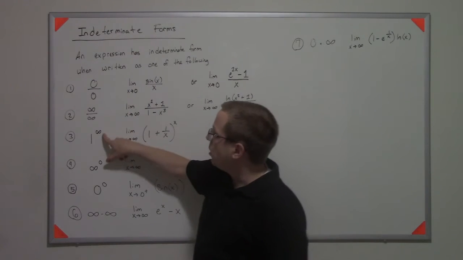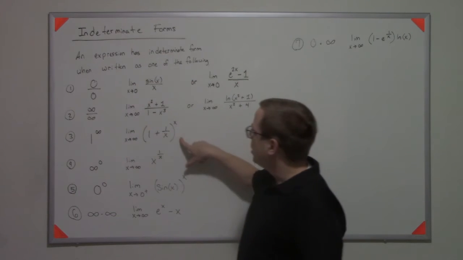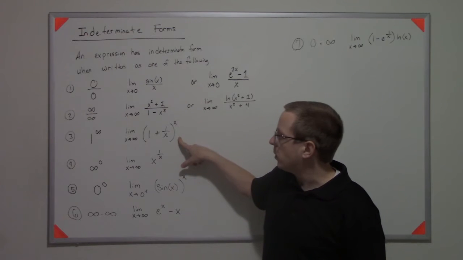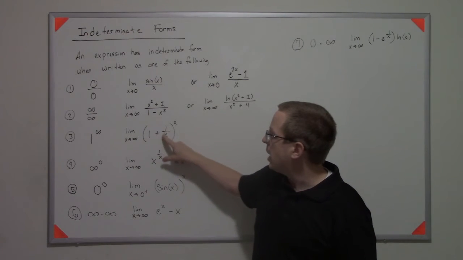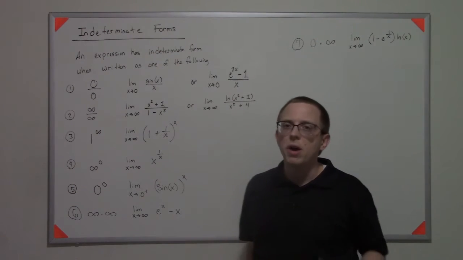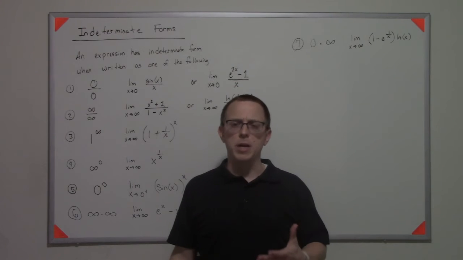Not only do you have that, you have this 1 to the infinity. This is a sort of classical limit here: (1 plus 1 over x) to the x. If you take the inside limit, that term vanishes, but that exponent goes to infinity. So you have to ask yourself, what's happening here?